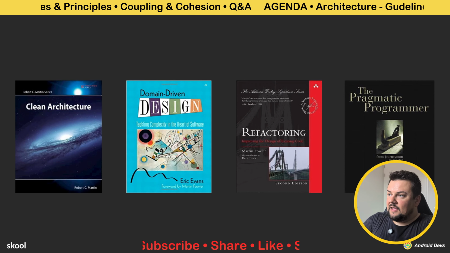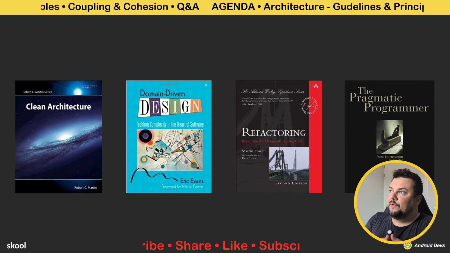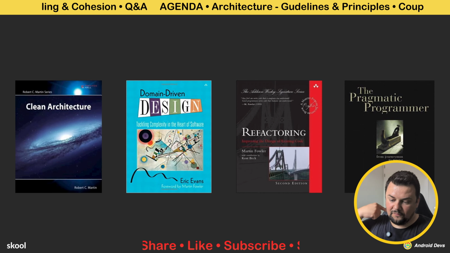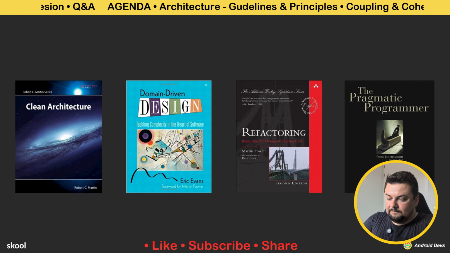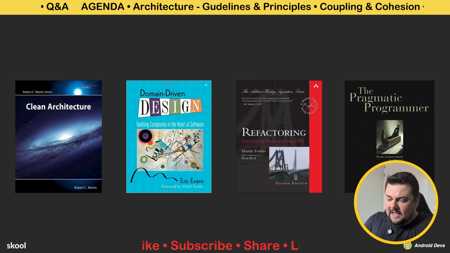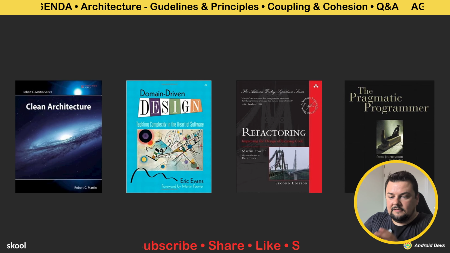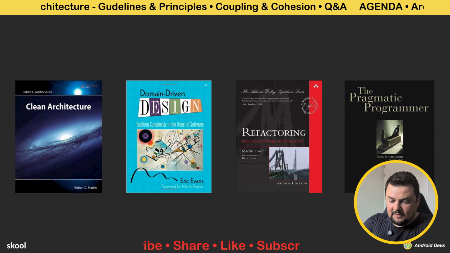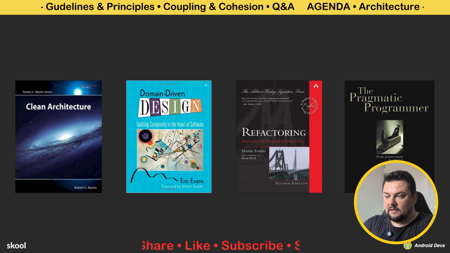But the problem is that some people are taking that too much, not as a guideline or a principle, but more as a law or a hard rule, and then they are sticking to it so hard that this is the only way. These books are not actually showing the only way of doing things. They are more showing principles, as we are going to see just in a bit.